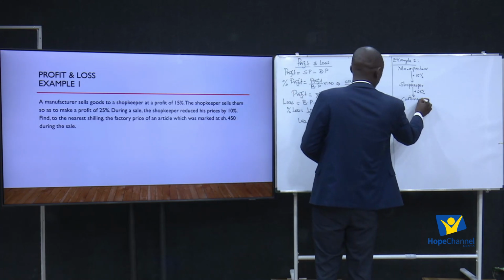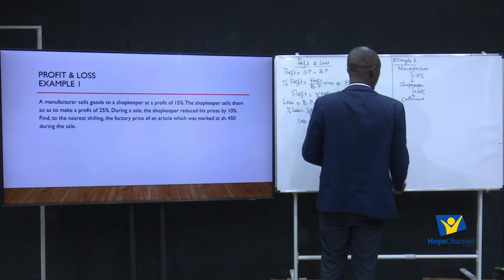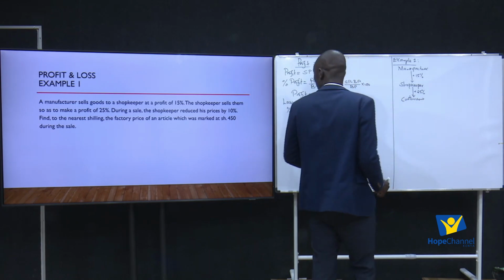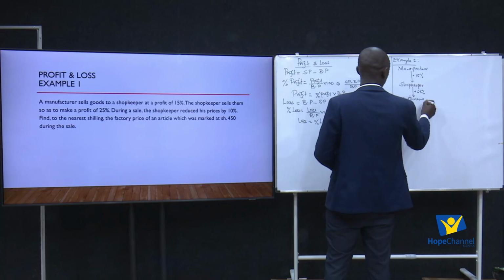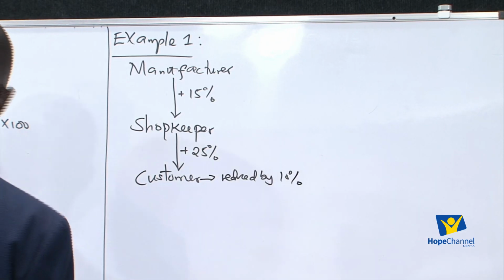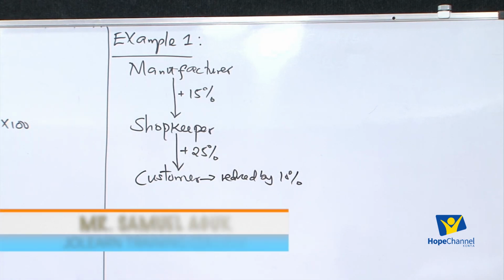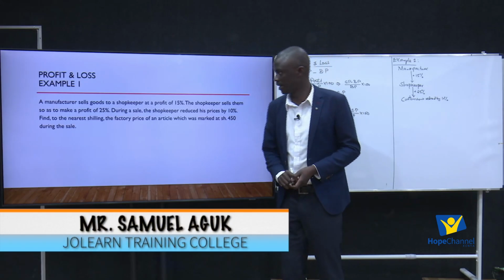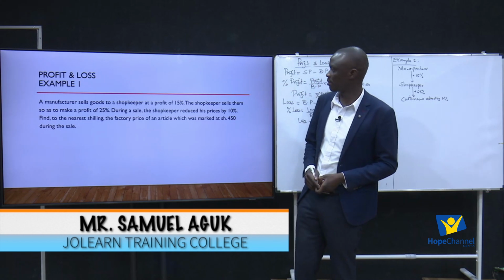So the shopkeeper did not sell it at 100%. Instead, he reduced it by 10%. Then find to the nearest shilling the factory price of an article.